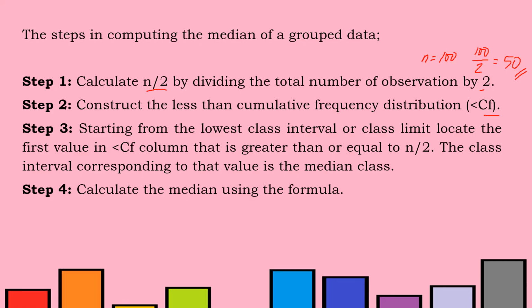Starting from the lower class interval or class limit, locate the first value in the less than cumulative frequency column that is greater than or equal to n over 2. The class interval corresponding to that value is the median class. Later on, I will explain steps 2 and 3. And then calculate the median using the formula.